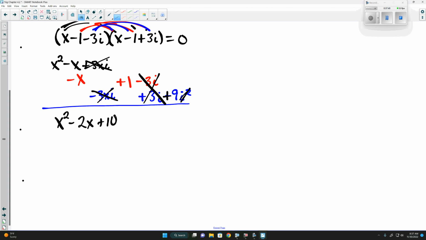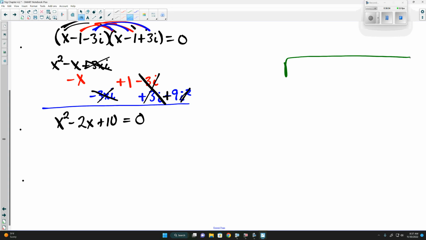So we know two of our solutions is x squared minus 2x plus 10. And for all of you, when we did polynomial division with a divisor that had a degree greater than 1, we went with long division.